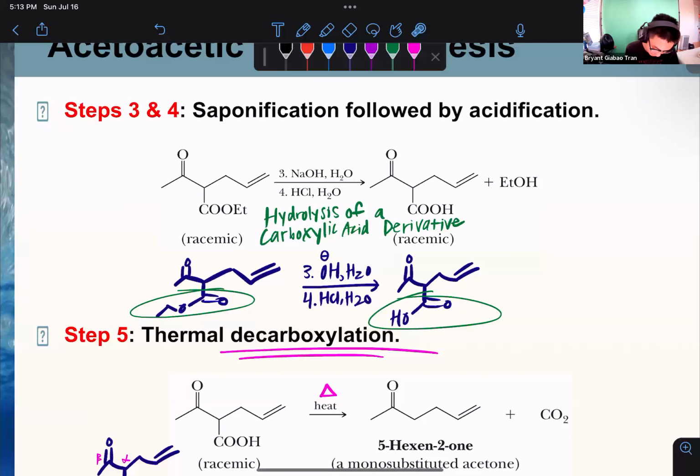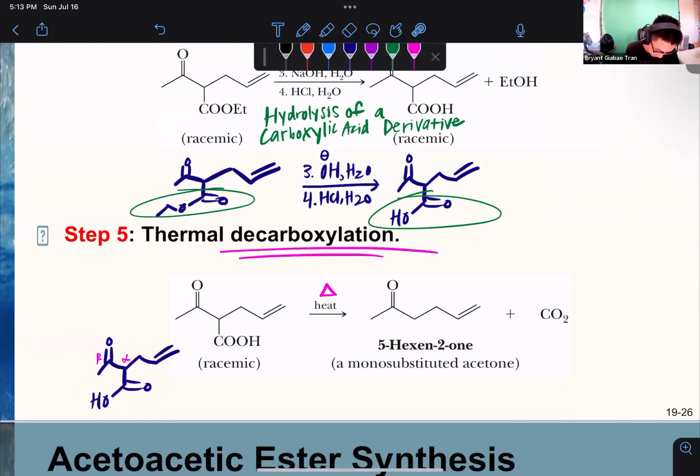And then since that's a carboxylic acid with a beta carbonyl, once we add heat, this carboxylic acid just leaves as CO2 gas. It disappears. And actually, you do the mechanism in the previous slide.